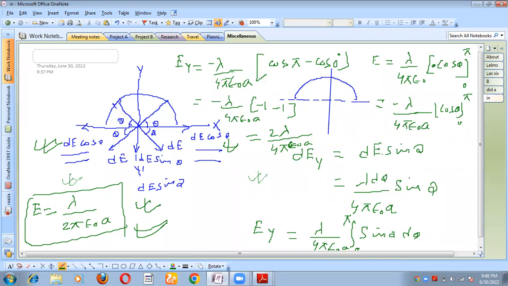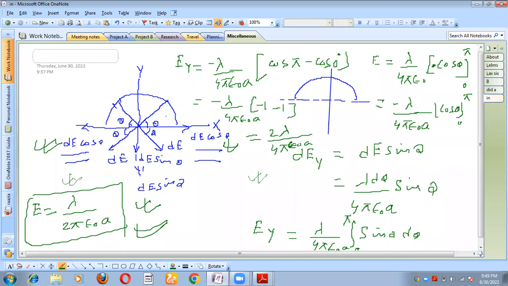Now after this, there is no physics, only mathematics is there. You have to put the value of dE, which we have calculated earlier. By putting the value of dE, you will get the term sine theta d theta. Now integrate it and put the value of theta carefully.